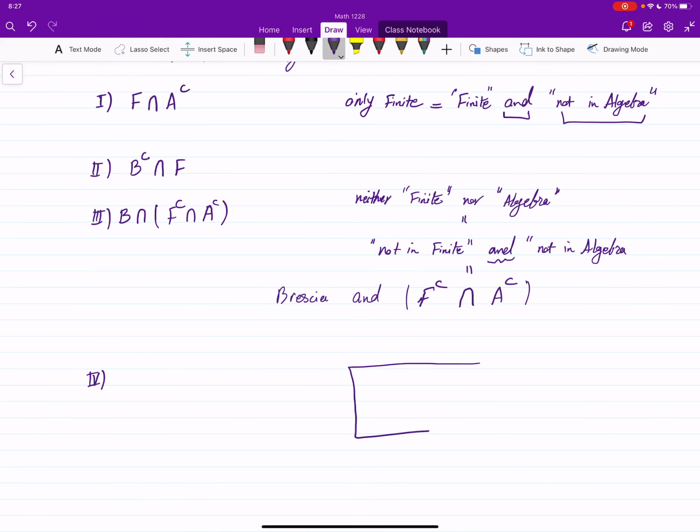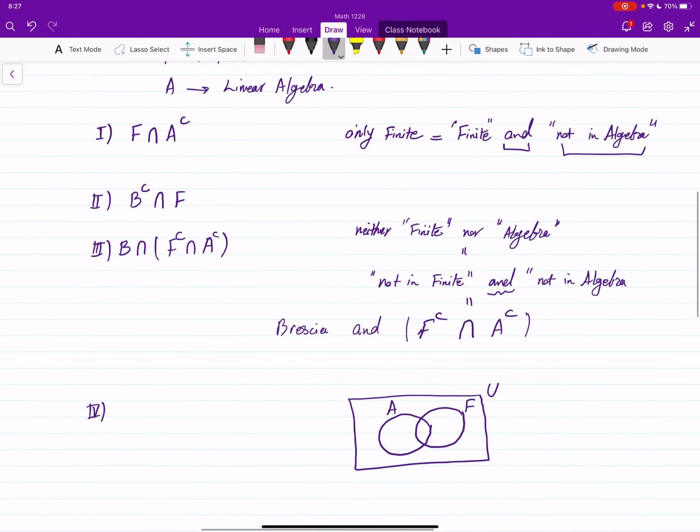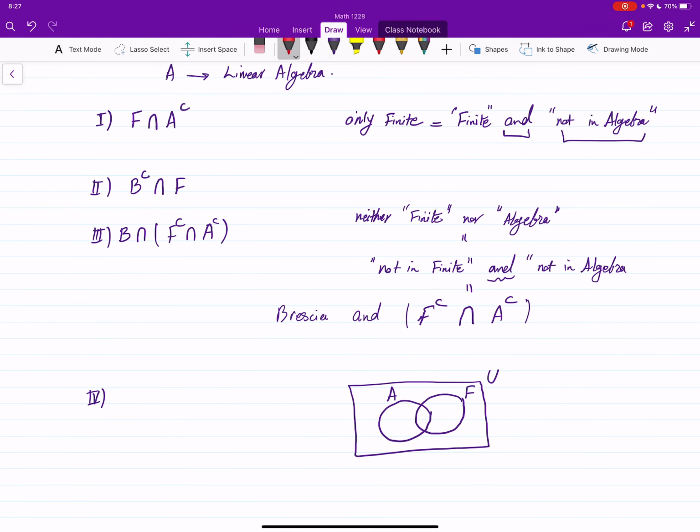If this is our student universal set, and this is linear algebra, and this is finite math, what you are interested in is the students who enrolled in only one of these, in either this or that, but not in both.